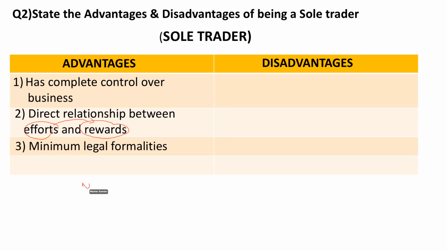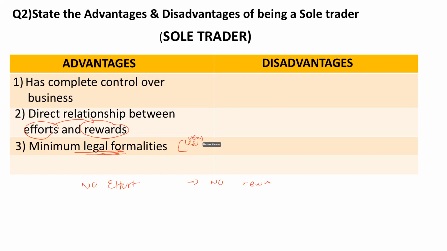If he puts in no effort, he will get no reward. Another advantage is that very few legal formalities are required to start a sole trading concern. You bring in capital, register, and start the business. The legal formalities are very few.